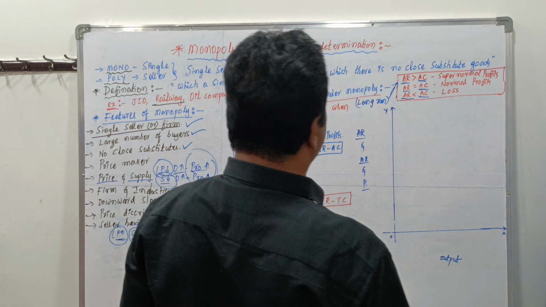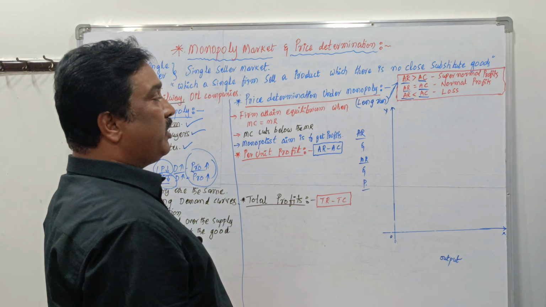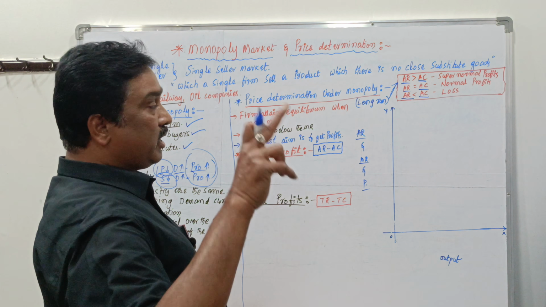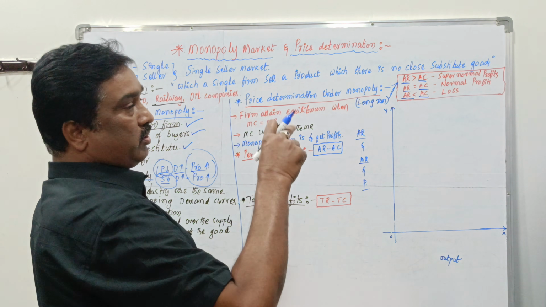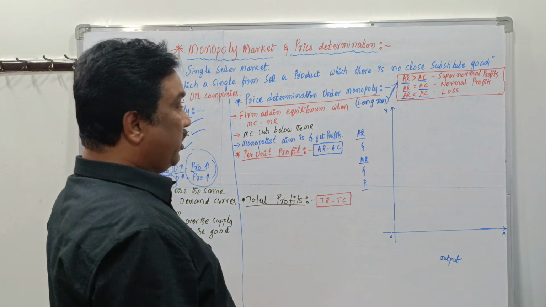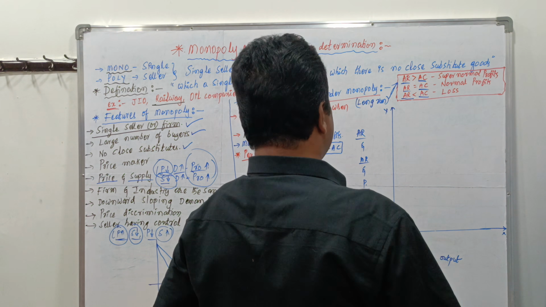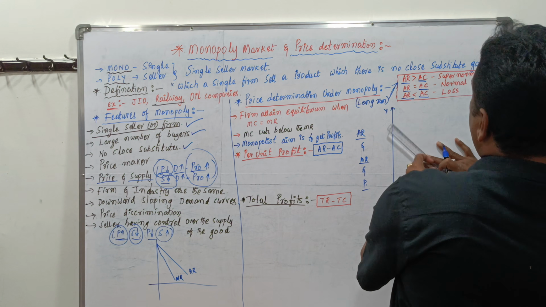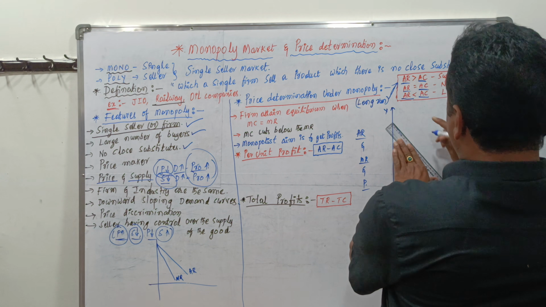Simply, first you know that in the imperfect competition market, the revenue curves go from left to right downwards. Everyone always remember that revenue curves are going left to right downwards.